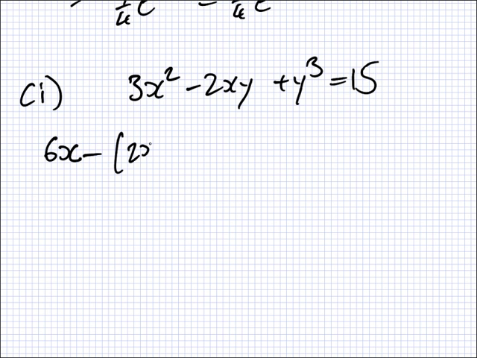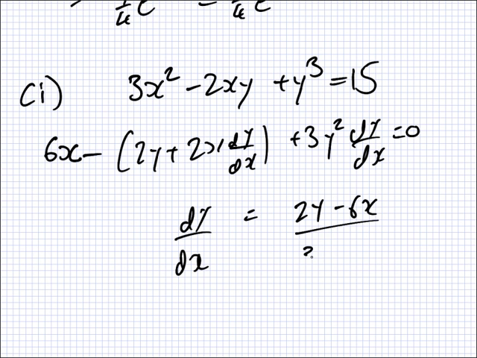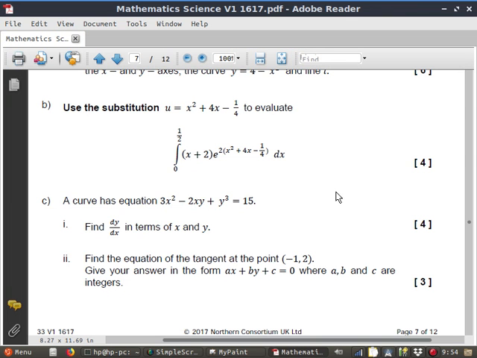So that's minus 2y plus 2x dy dx plus 3y squared dy dx equals 0. When you rearrange that, you'll get dy dx equals 2y minus 6x over 3y squared minus 2x.